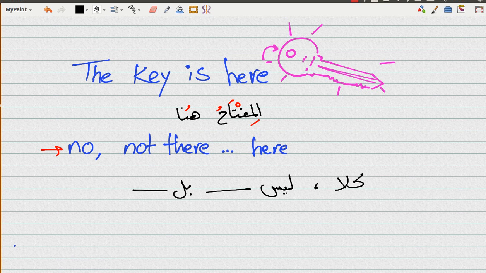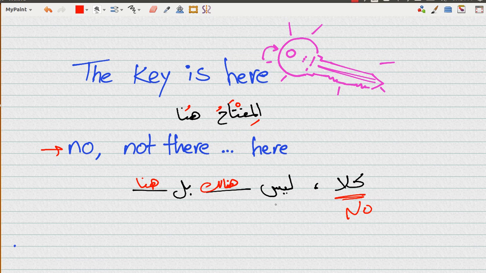Or كلا, which gives a more emphasized version of لا. كلا ليس هناك هنالك بل هنا. ليس هنالك بل هنا.